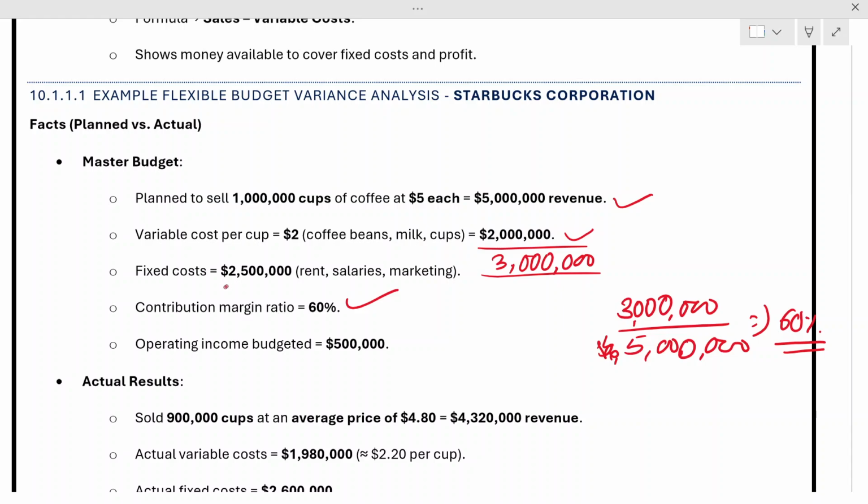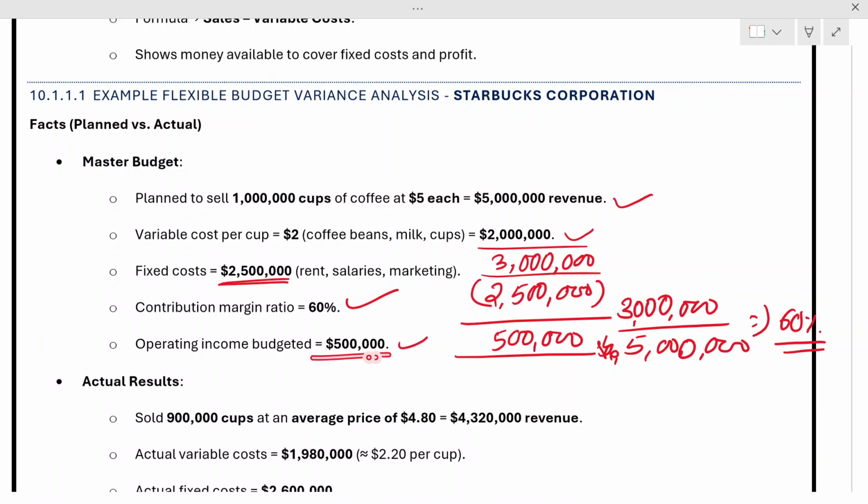And then if we reduce this fixed cost of $2,500,000, then we get our operating income of $500,000, which is given here just like this.